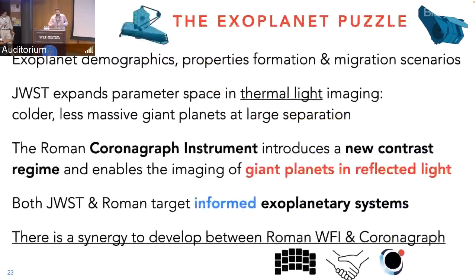So in fact, that was my conclusion, where JWST expands the parameter space towards thermal light imaging, cooler, less massive planets, large exploration. The Roman coronagraph introduces a new contrast regime, giant planets in reflected light. That's the main thing, the main demonstration. And both of those benefit from informed exoplanetary systems, and there is a synergy between the two eventually.